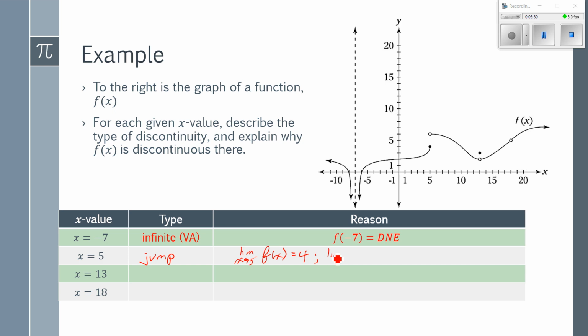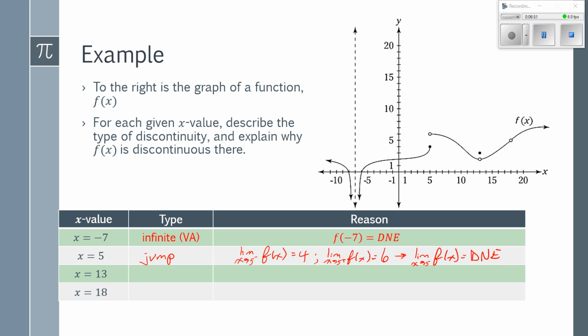The right-hand limit as x is approaching 5 from the right for this function f of x is 6. So the two-sided limit as x approaches 5 for f of x does not exist since the left and right-hand limits aren't the same.